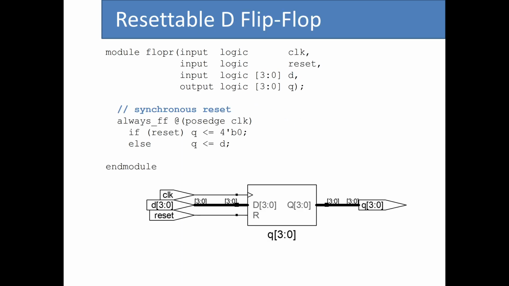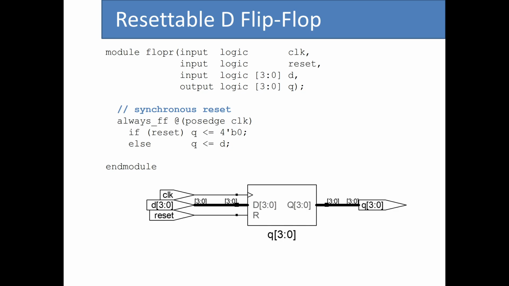Now let's see how we can improve upon this design. Let's say we want to create a resettable D flip-flop. If you remember from before, for resettable flip-flops we had two different designs. One was a synchronous resettable flip-flop and the other was an asynchronous resettable D flip-flop. For the asynchronous resettable flip-flop, any time you got the reset signal, you had to reset the flip-flop.